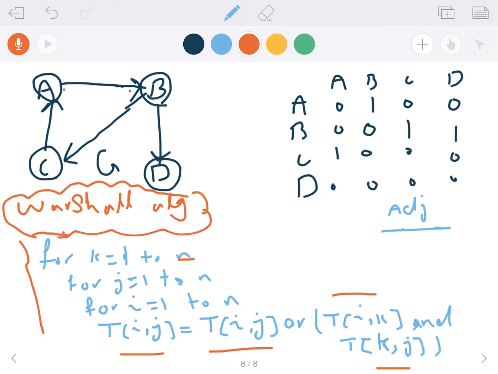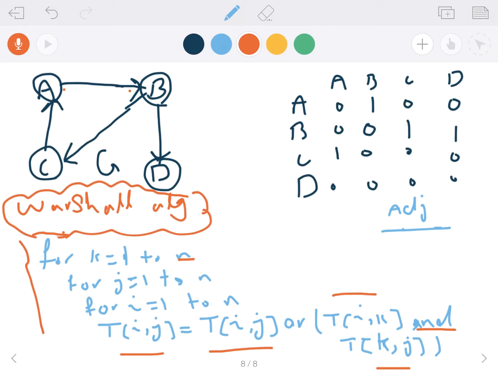And as you see here, we have an and condition, because there might be a case that there is a path from i to k, but there is no path from k to j. So that's why we have an and condition here, okay?